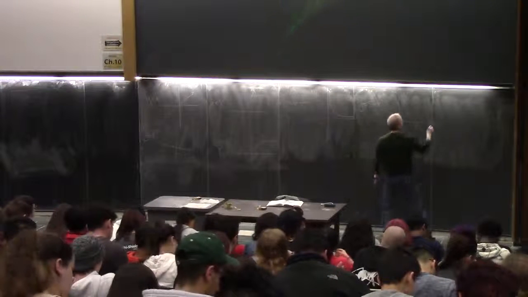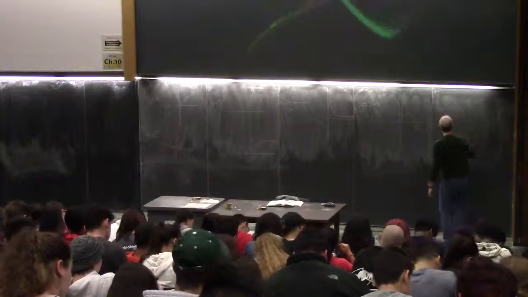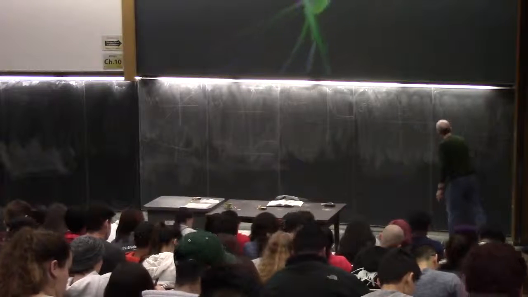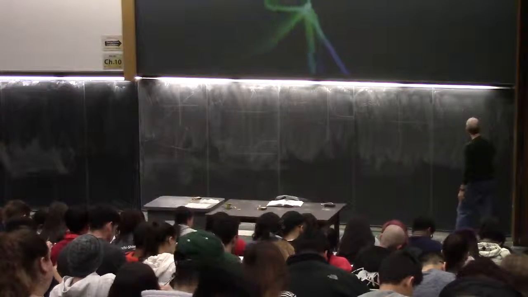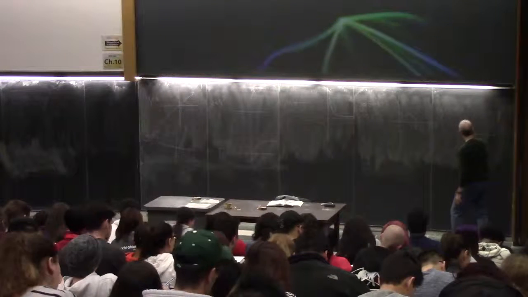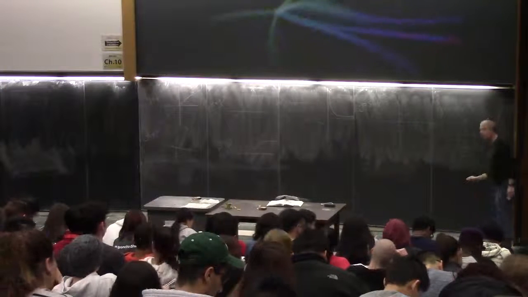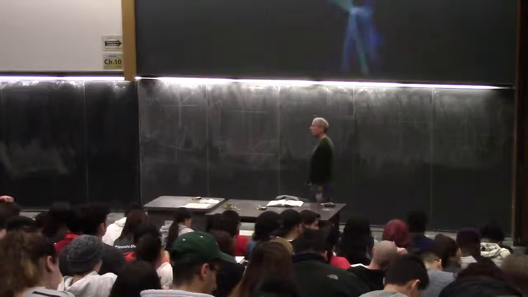Cosine x? That's pi, so that's pi over 2. That's 1. That's negative 1. That's 2 pi. And so on. 2 more.